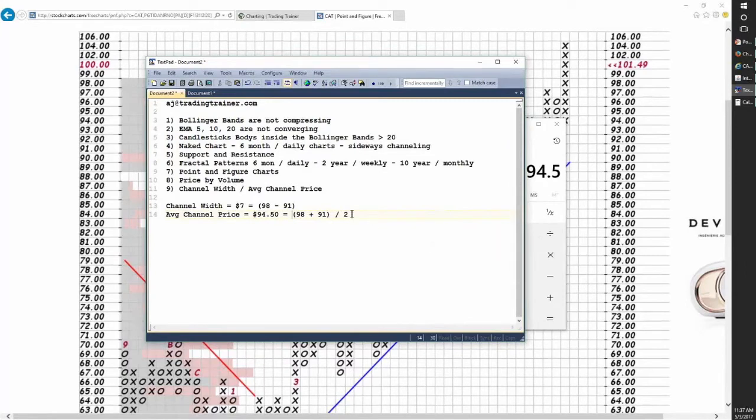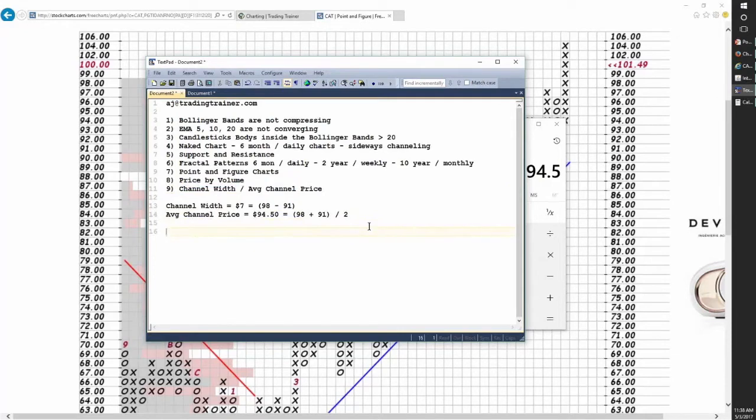Anybody have questions about how I calculated the average channel price? You do, raise your hand. I'm just taking the high and the low of the channel and dividing by 2. That creates an average. So now I've got the channel width over average channel price. All right, and that's going to create for us a ratio or a percentage or a fraction.